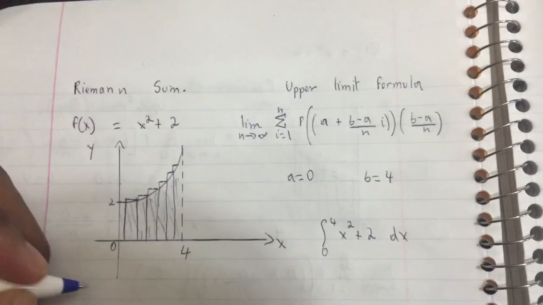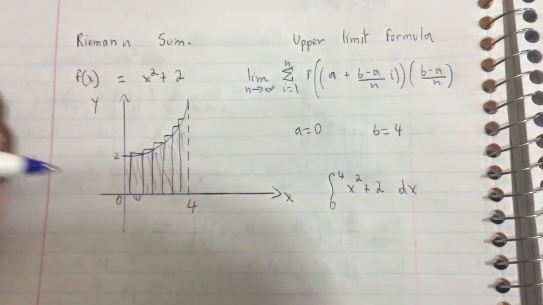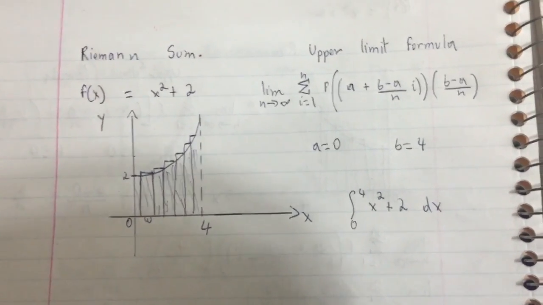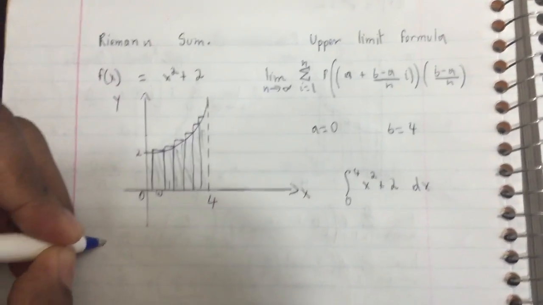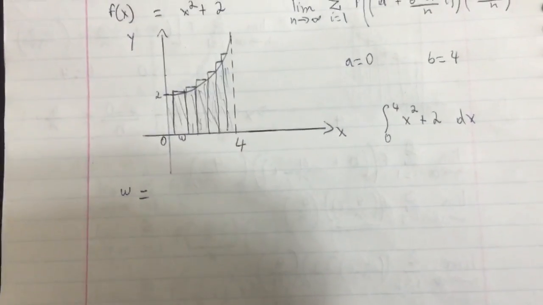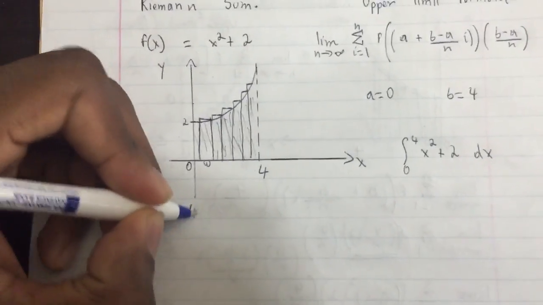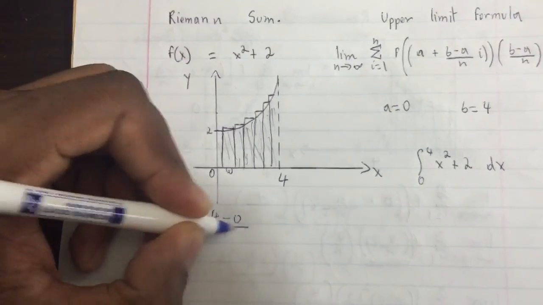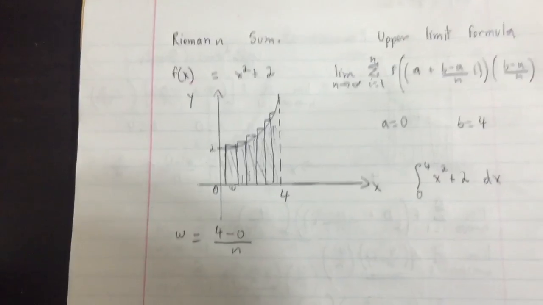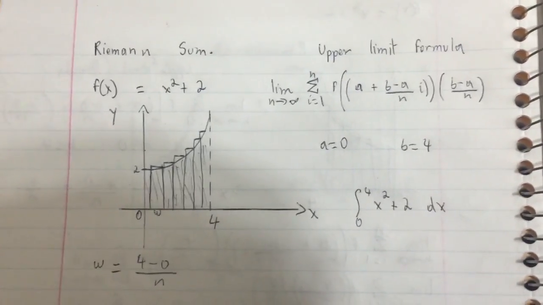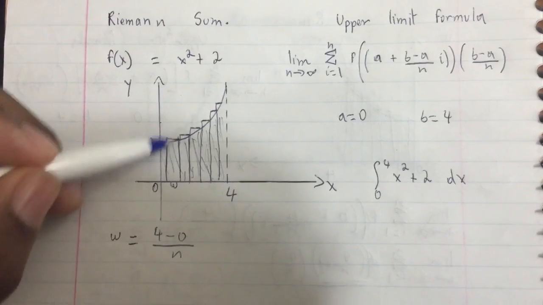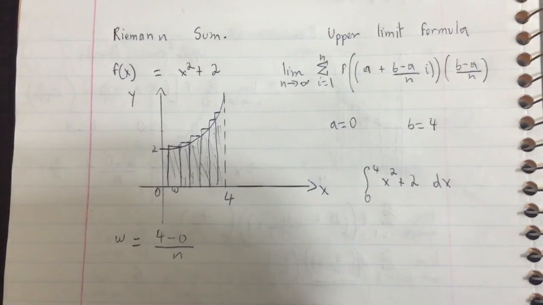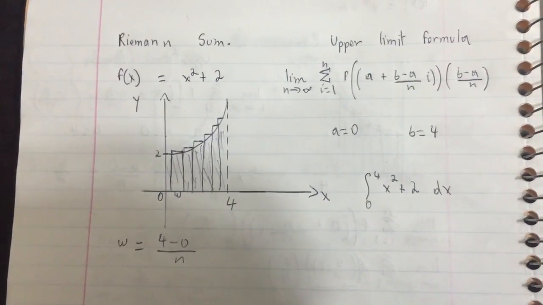Let's say this is our w, our width. What is it going to be? Let's write it right there. W is going to be 4 minus 0 over n in this case. The reason it's over n is because we are cutting an n amount of rectangles, which is an indefinite amount of rectangles.